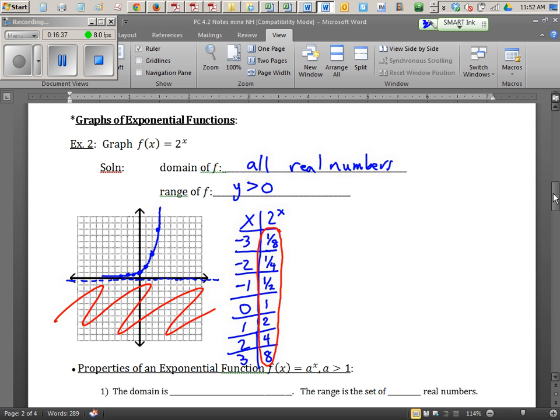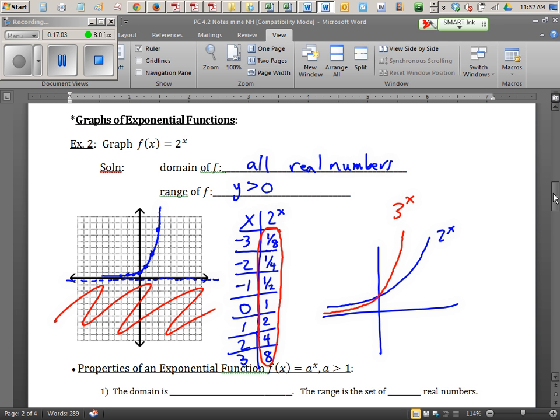I also am going to have you do 3 to the x, which is basically a little steeper. So let me draw 2 to the x and 3 to the x together for you, just so you can see them together. If 2 to the x looks like this, 3 to the x looks like this, it's steeper. Everywhere, steeper.